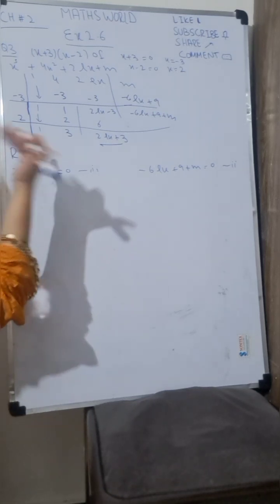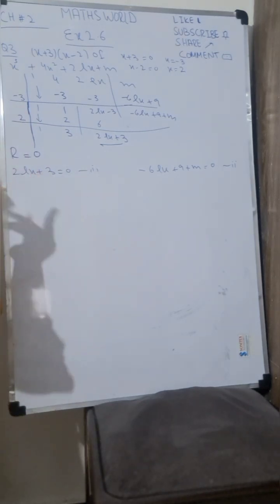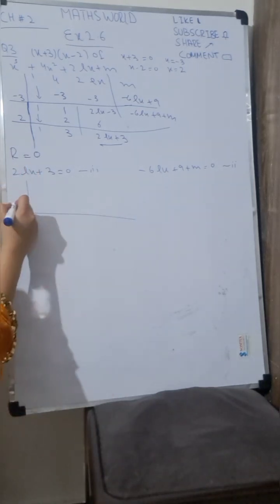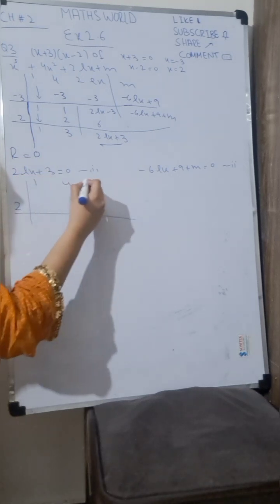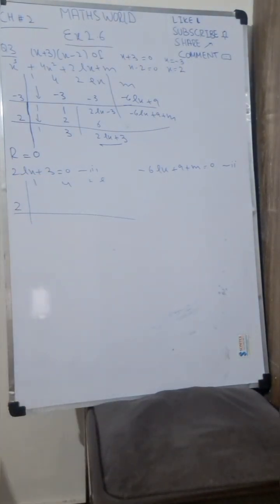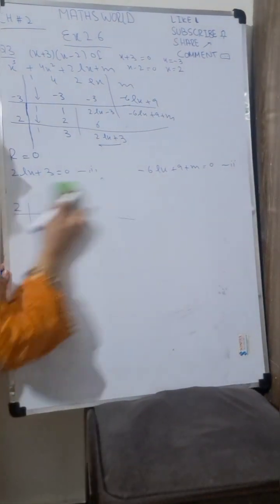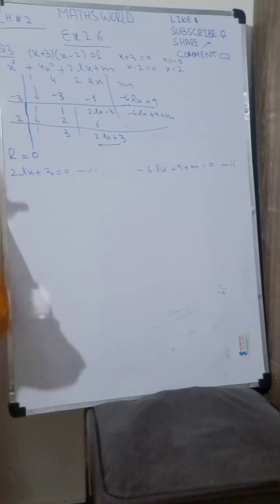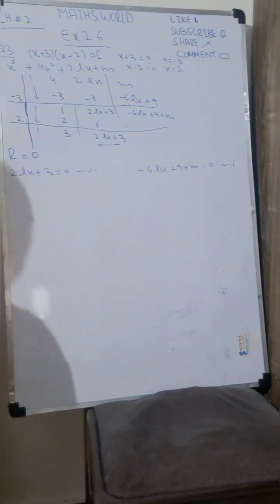Yes, you can solve it with the other factor also. If you solve this part with the other factor, just assume that you are doing it with the other factor as well. So the same equation would be there. But I think that would be a problem for you people, rather do it with the same method which I am doing right now. So in this situation, the x value is also very important.